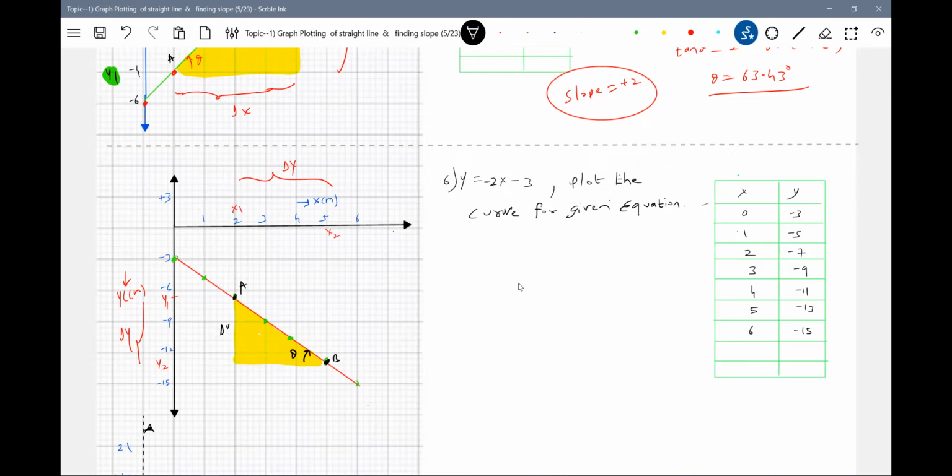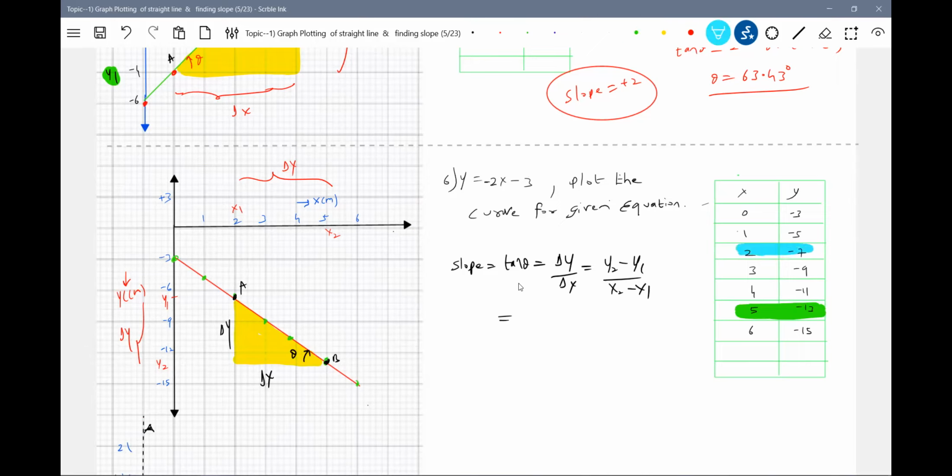And this value is delta y, this is delta x. So slope equals tan theta equals delta y by delta x, which is y2 minus y1 over x2 minus x1. Now, sir, what are the values of y2, y1? So x equal to 5. Look at these values.